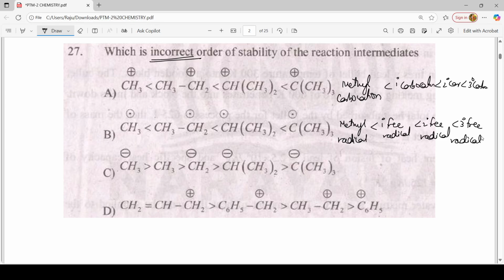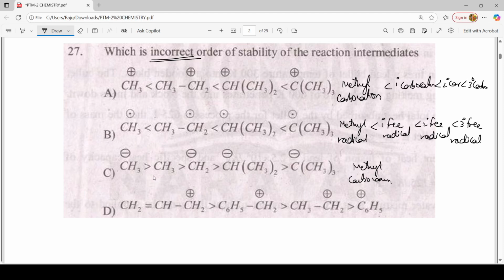Come to option C. In option C, he has given the carbanion stability. Methyl carbanion is more stable.